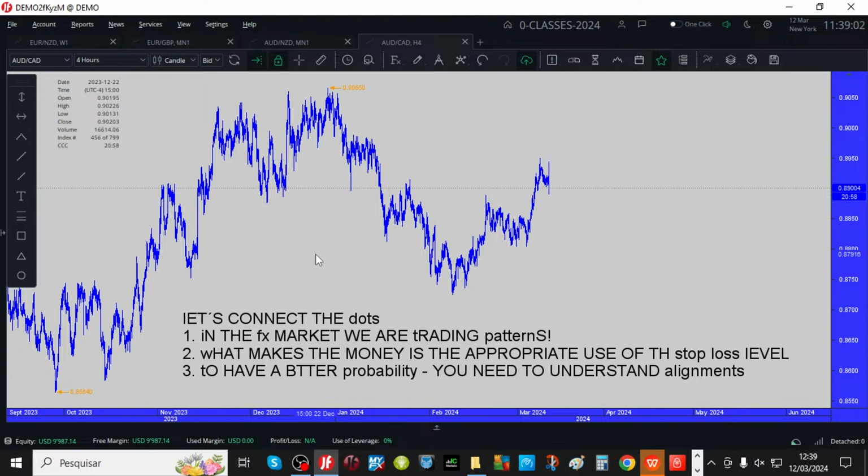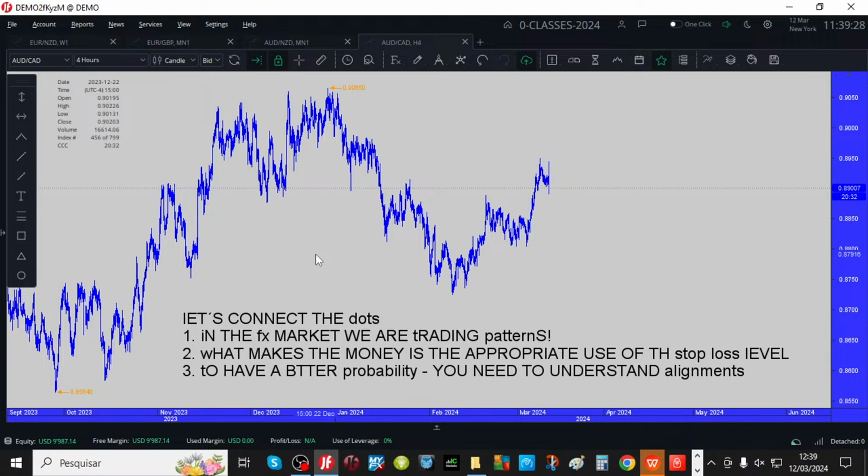So you might not agree with me, I don't really care. But in the Forex market, we are trading patterns. Period. End of story. Number two, what makes the money is the appropriate use of the stop loss level. But to have a better probability, you need to understand alignments.